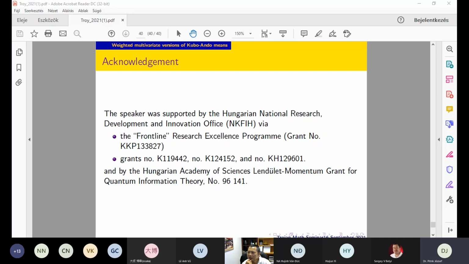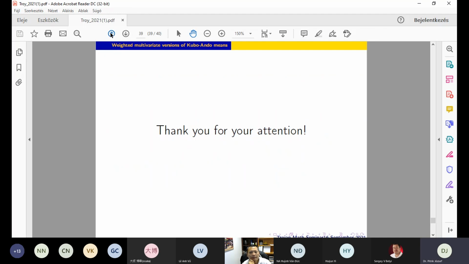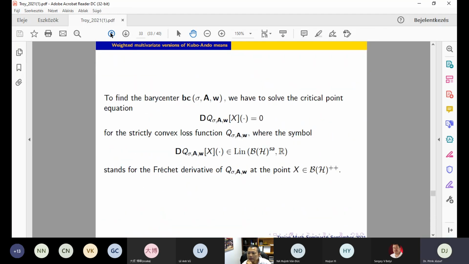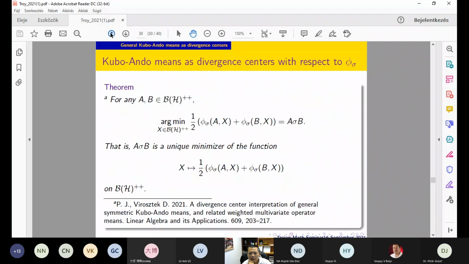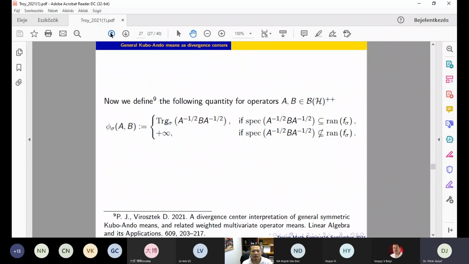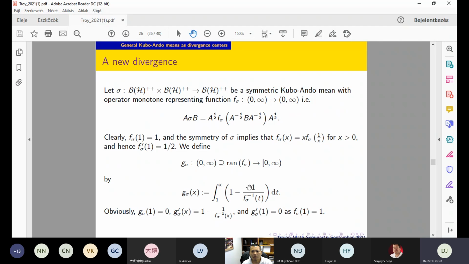I think the symmetry is used in the properties of G sigma. When we define G sigma, all these properties are used, and these come from the properties of F sigma, which is implied by the symmetry of sigma.